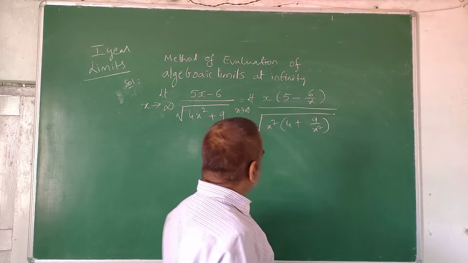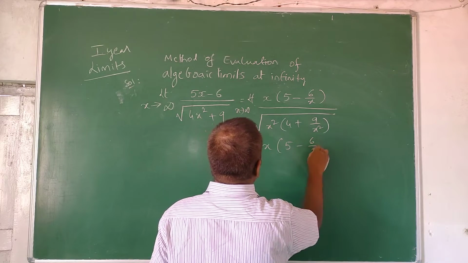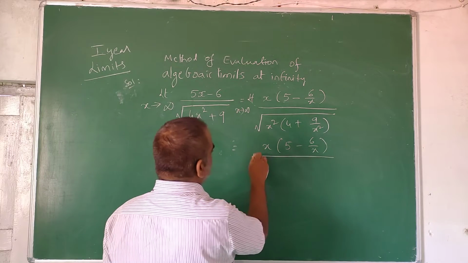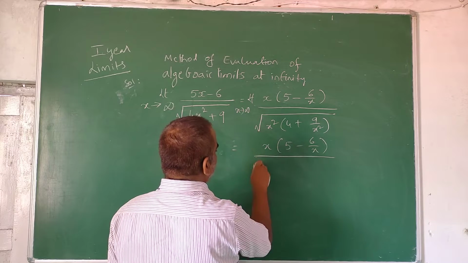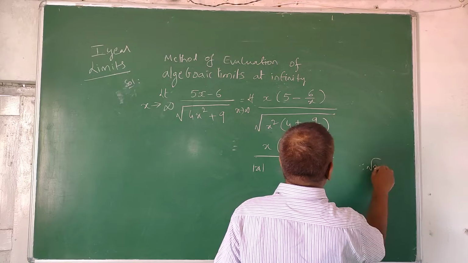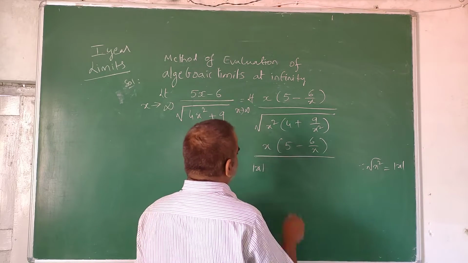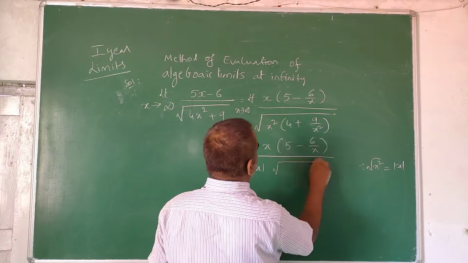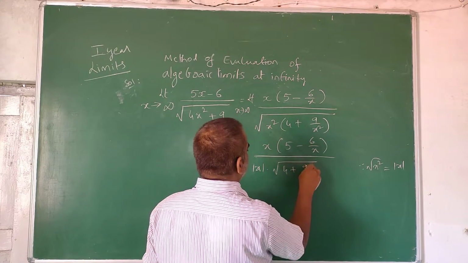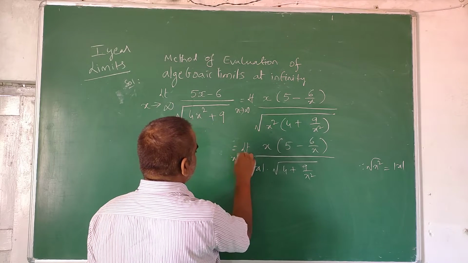So this is equal to x into (5 minus 6 by x) divided by root x square, and root x square is mod x, into root over (4 plus 9 by x square) as limit extends to infinity.